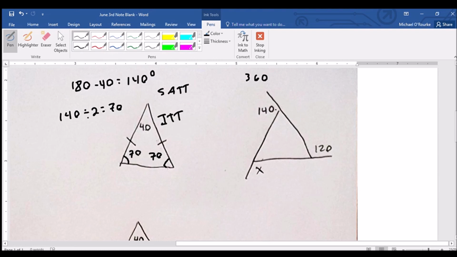So since we have that, let's minus off these two parts to find our one remaining part. So 360 minus 100 minus 100 is going to give me 160. 40 plus 20 is 60, so minus 60 is going to give me 100. So that's going to be 100 degrees, and that is sum of exterior angle theorem, SEAT.